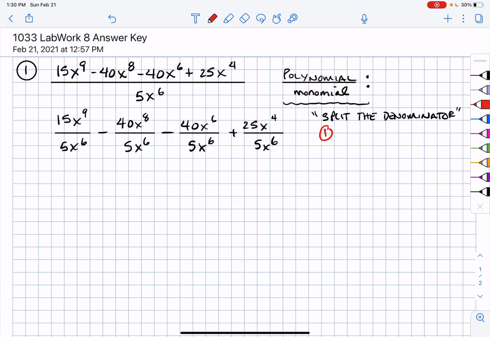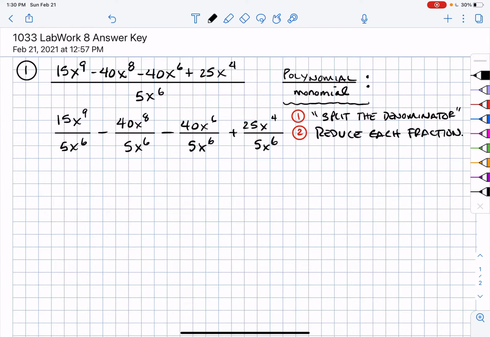I guess I'll call this step 1. And step 2 would be reduce each fraction.